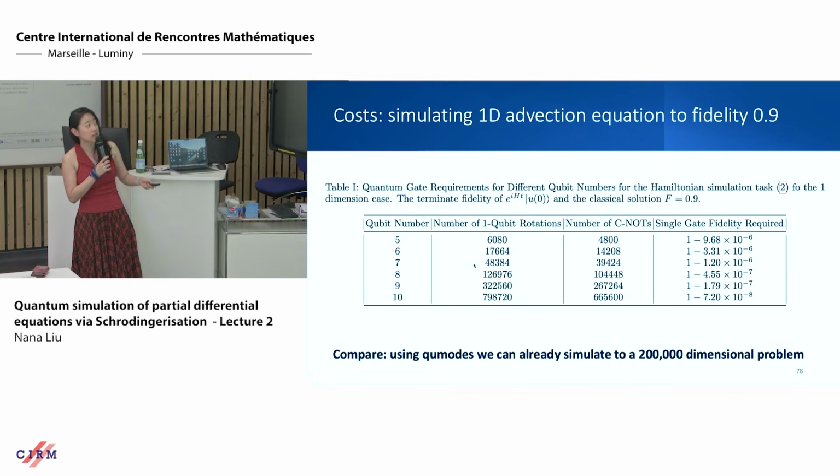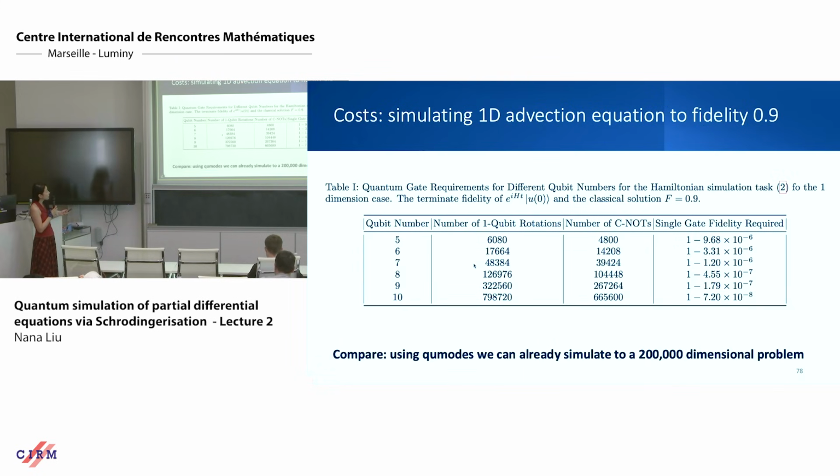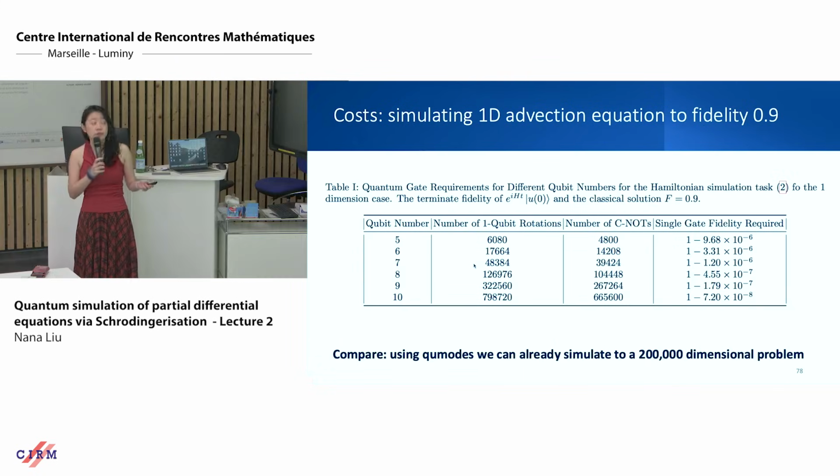Suppose we want the solutions of the one-dimensional advection equation to fidelity, say 0.9. Then for different qubit numbers, these are the corresponding numbers of one-qubit rotations, number of CNOTs, and the requirement of single gate fidelities.